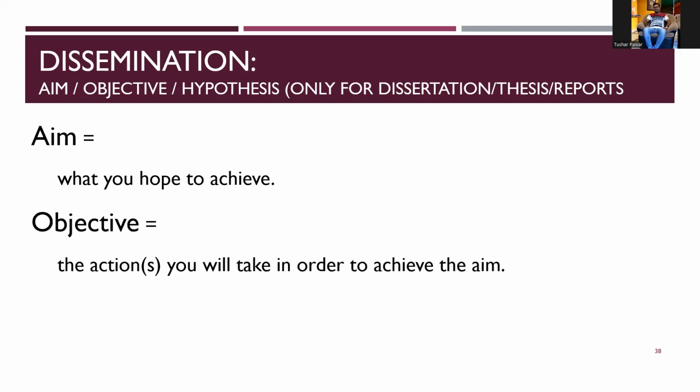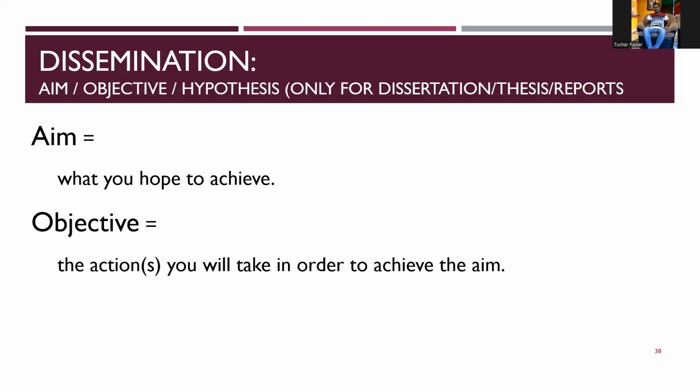But let us understand what the aim is. So aim is the statement of intent, what you hope to achieve, which are usually written in broad terms. They set out what you hope to achieve at the end of the project.